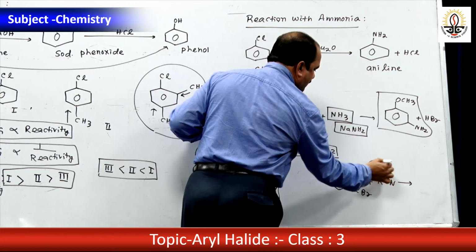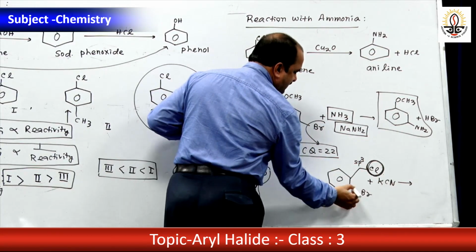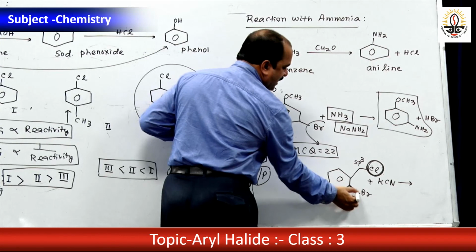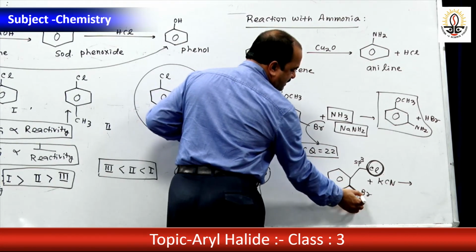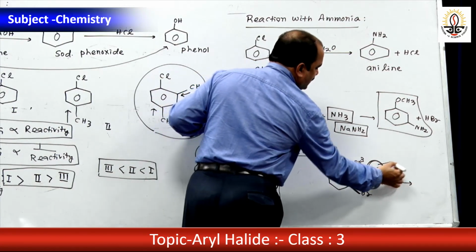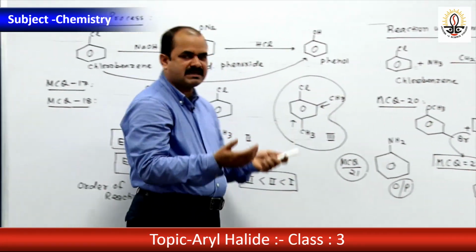The chlorine will be eliminated because this carbon is sp3 hybridized, and the bond between the sp2 carbon and bromine is very strong, requiring a high amount of energy for cleavage. So this chlorine is eliminated. This is a substitution reaction.